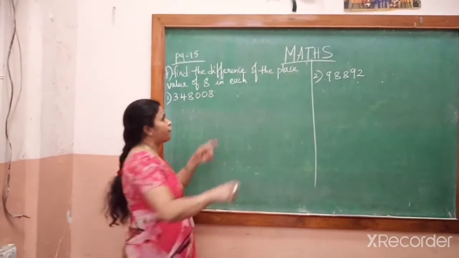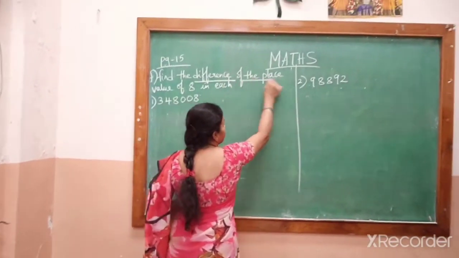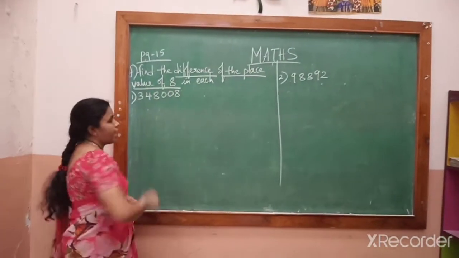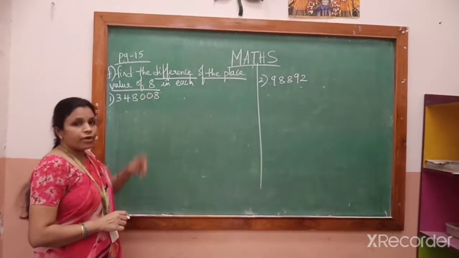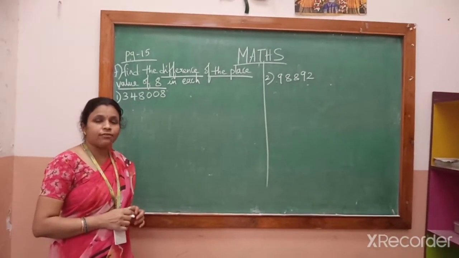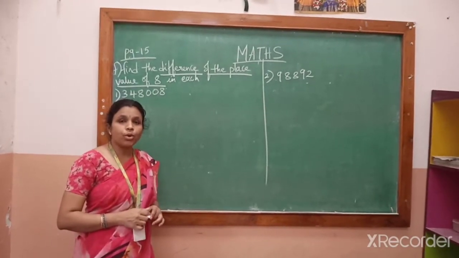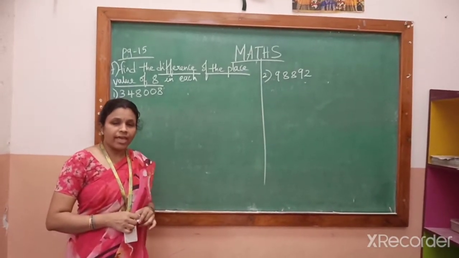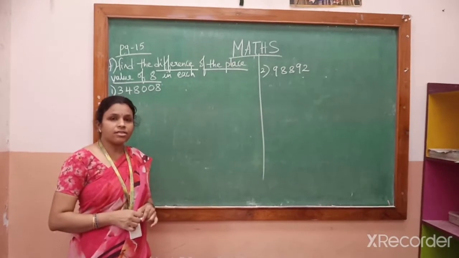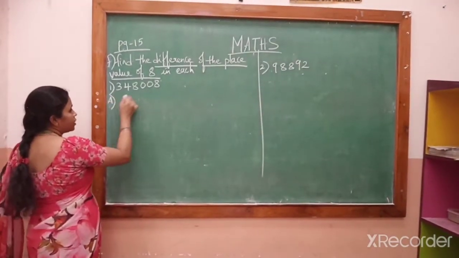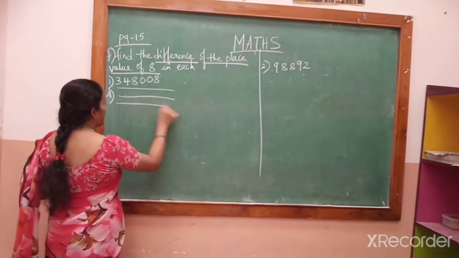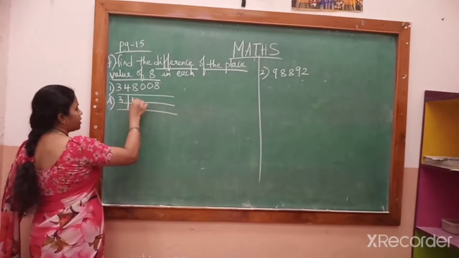Find the difference of the place values of 8 in each of the following. Now here you are going to find the difference. Difference means we need to subtract. Difference is nothing but the answer of subtraction. Same way, first you draw the place value table and arrange the number.